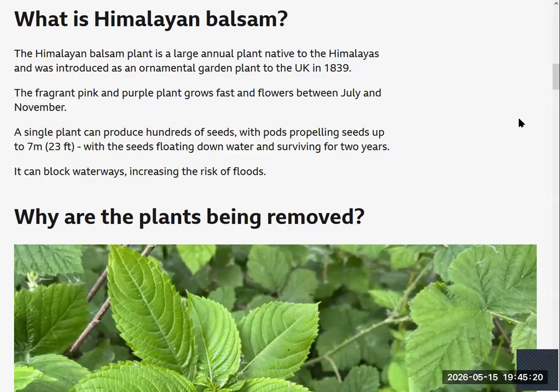A single plant can produce hundreds of seeds, with pods propelling seeds up to 7 meters, 23 foot, with the seeds flushing down water and surviving for 2 years.